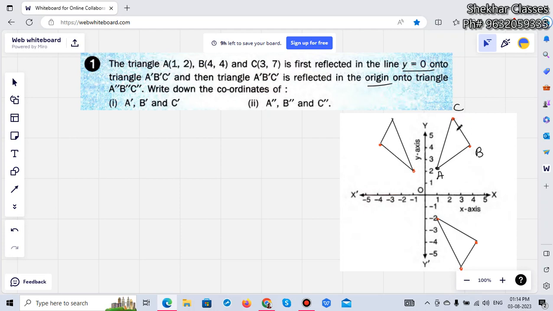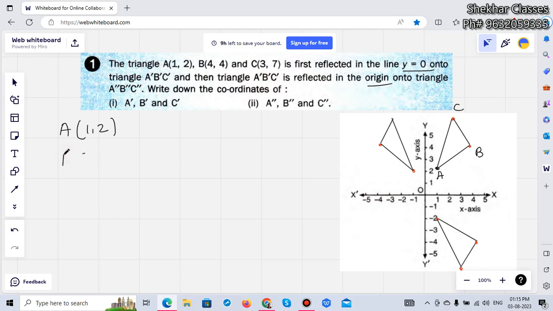First it is reflected through y is equal to 0. So which is it? The x-axis. Let's see. A has 1 comma 2.